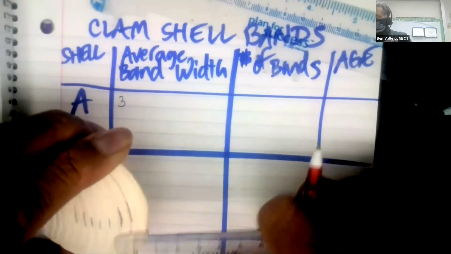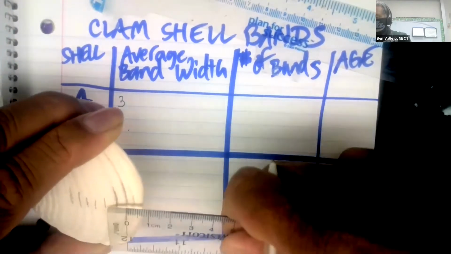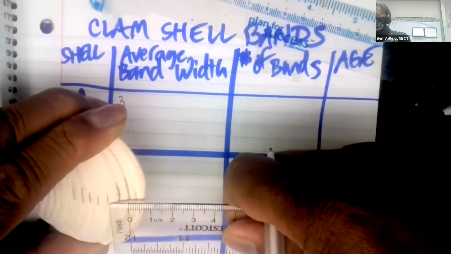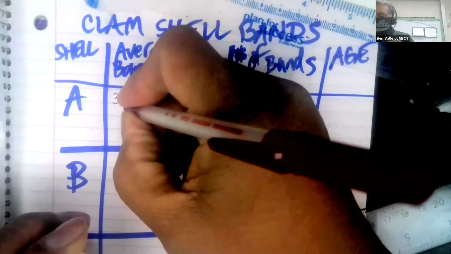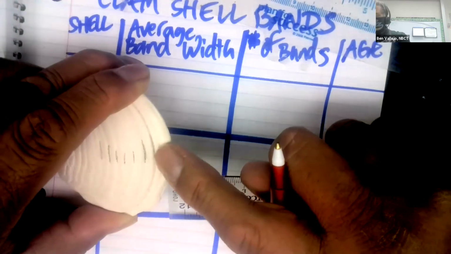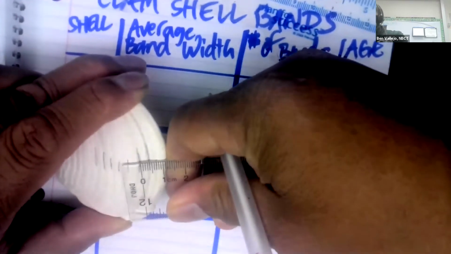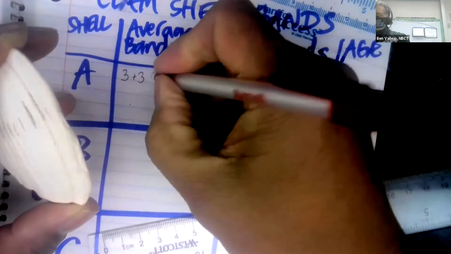My second band goes from there to about there, and also looks like it's at 3. So that one's 3, 3. If you eyeball it, it looks like they're all about 3. This one's closer to 4.